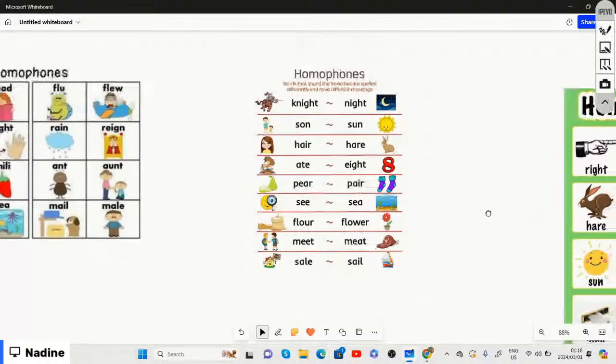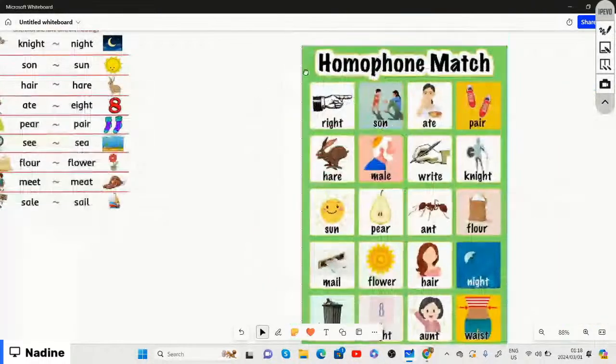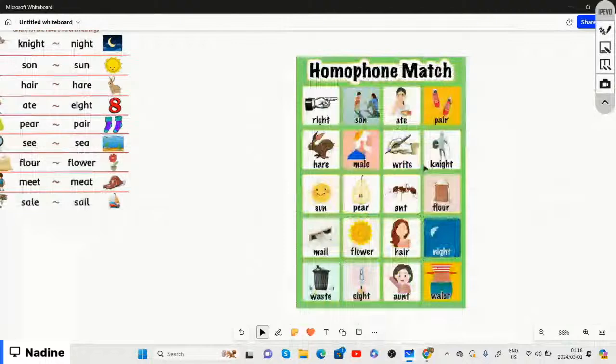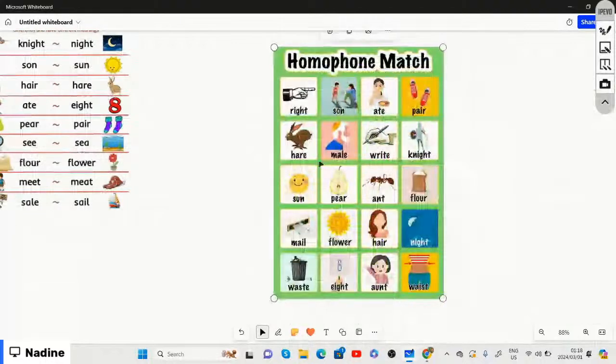All right. So now if we look at this activity over here, we have homophones, right? But they are all jumbled up. So they want us to match the correct homophones with the pair, right? Where the words sound the same, but the spelling, of course, as well as the meanings are different.